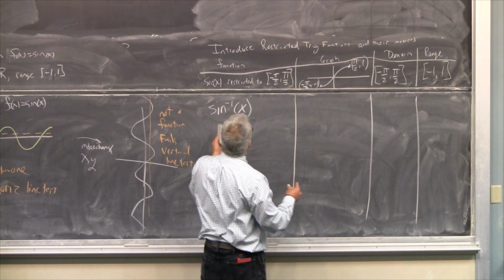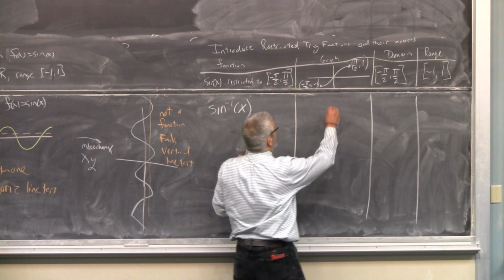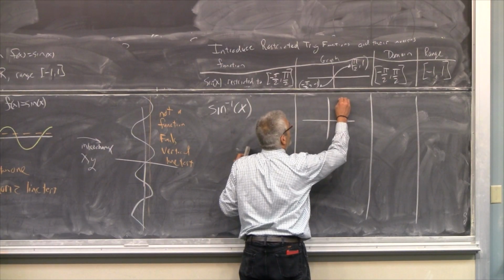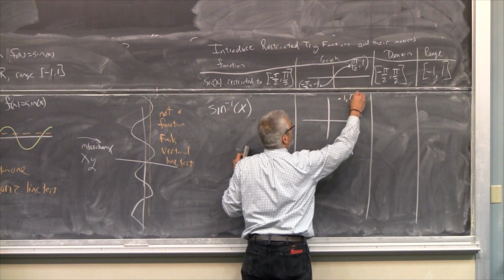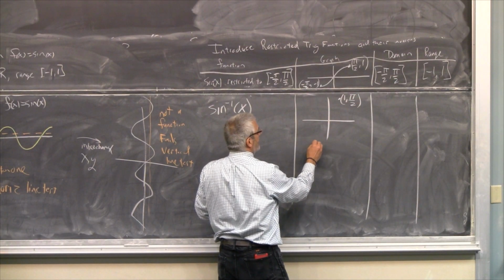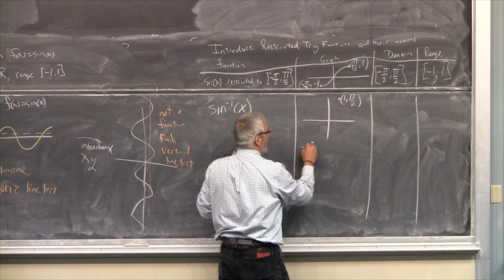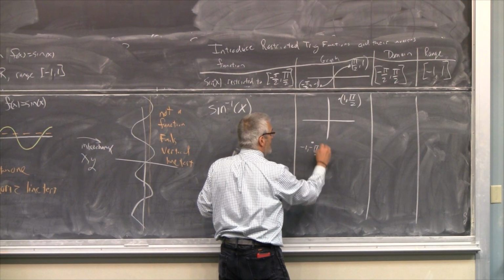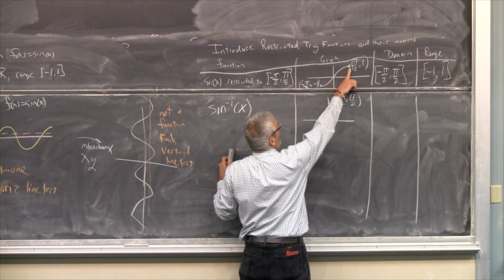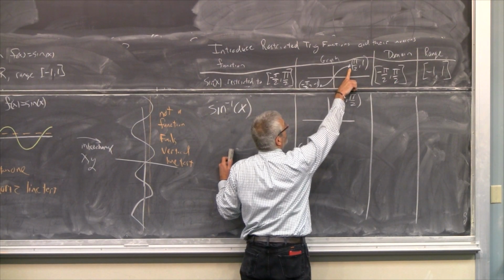All right, so I know how the graph looks. I just interchange the x and y coordinates. So instead of pi over 2 comma 1, this graph goes through 1 comma pi over 2. Instead of negative pi over 2, negative 1, this goes through negative 1 comma negative pi over 2. Furthermore, this graph flies into this point horizontally.